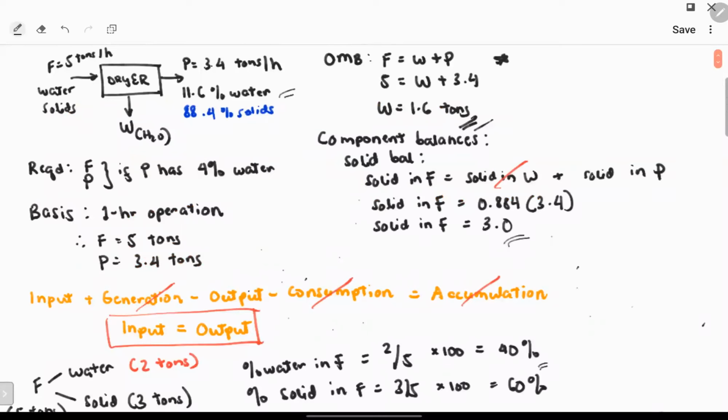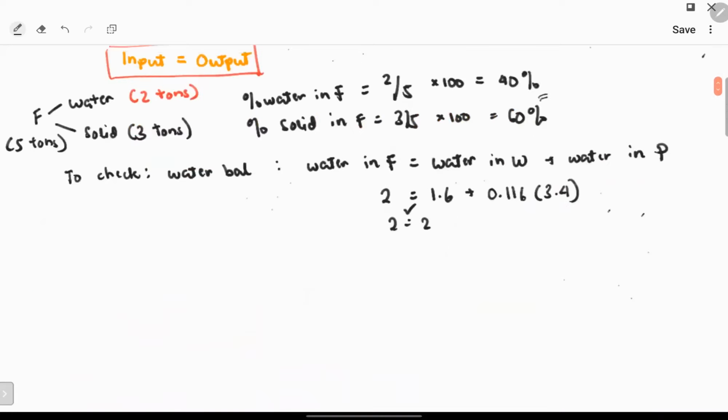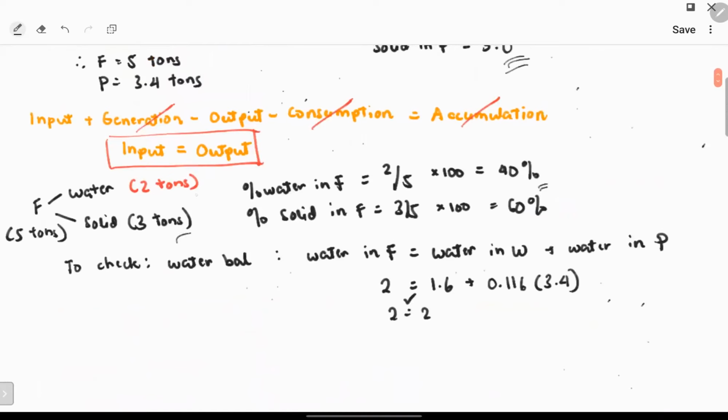In doing that, we were able to calculate right away yung unknown value natin na stream, which is water or W. When doing component balances naman, we were able to find out kung gaano kadami yung solid sa F, and because of that, yung water sa F. All right, and we were able to get the composition of F. Now, hindi pa dyan nagtatapos.